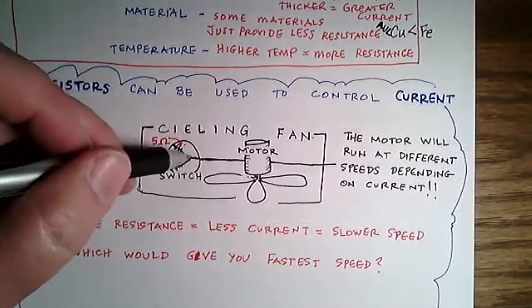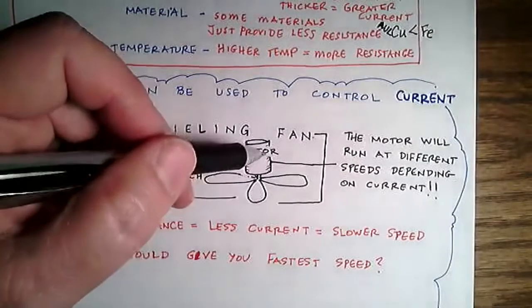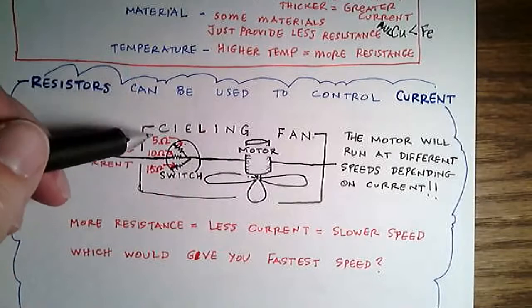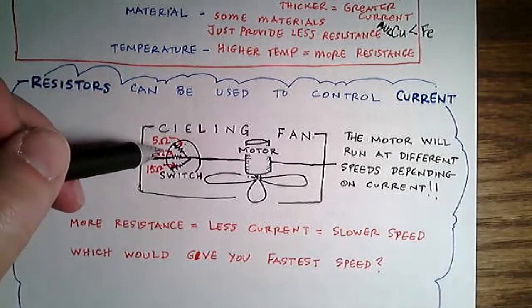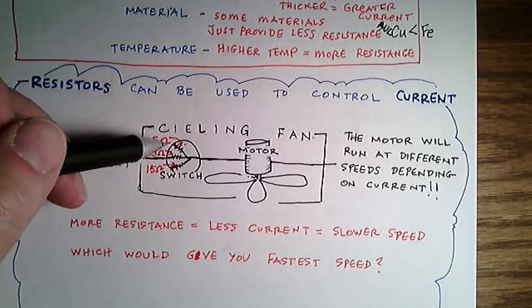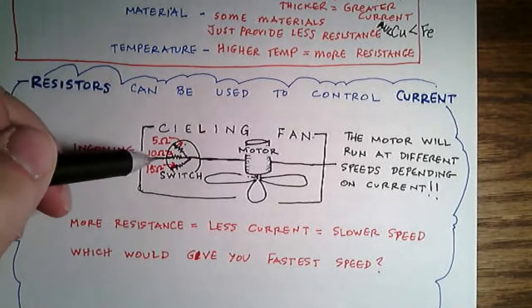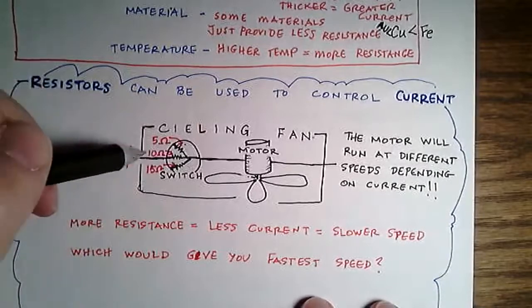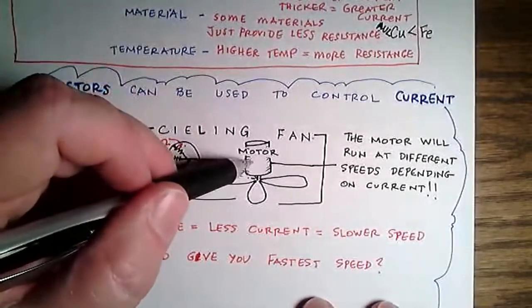If the 5 was in line with this, if it had the lowest resistance, what would that mean about current? The lowest resistance means the greatest current. Remember, resistance is slowing down the flow of current. If I don't have much resistance, so the 5's in line here, I'm going to get more current, which means I'm going to get a higher fan speed.